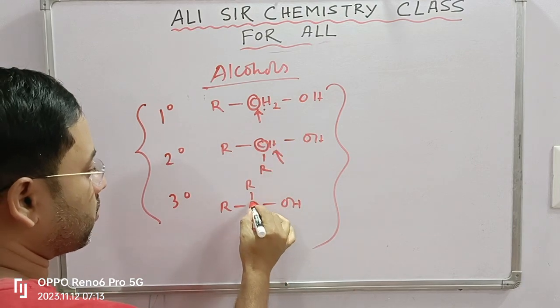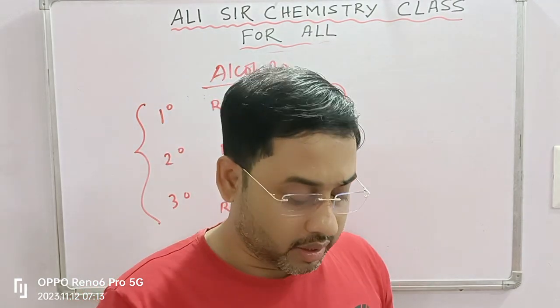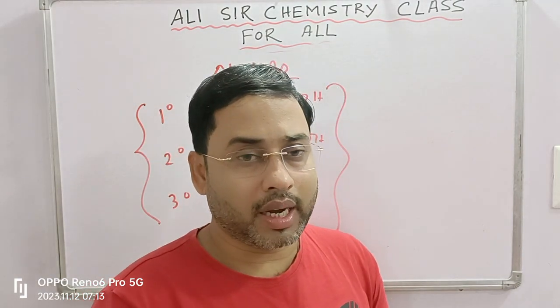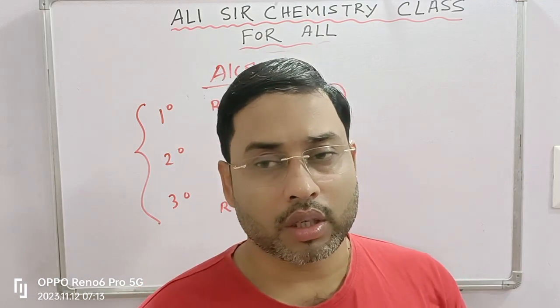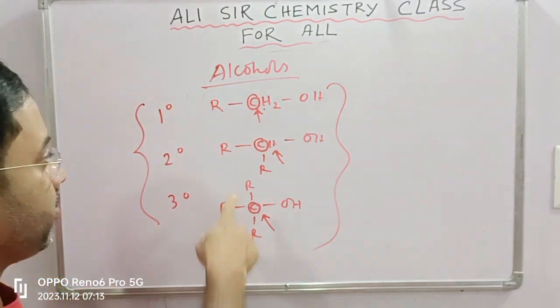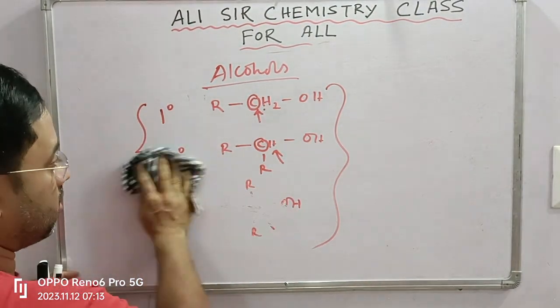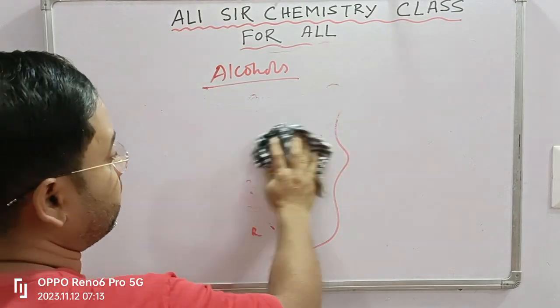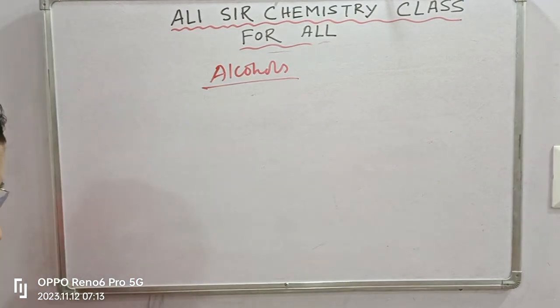And if you see this carbon, this is tertiary. So you have to always identify the carbon which is attached directly with the hydroxyl group. It is very simple. This is the primary alcohol, this is the secondary alcohol, this is the tertiary alcohol. Now we are taking separately the preparations of three types of alcohols: primary, secondary, and tertiary.